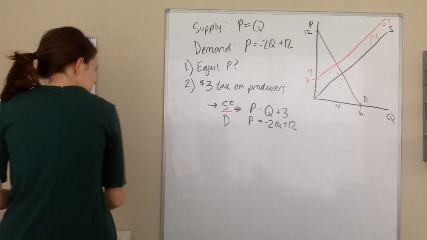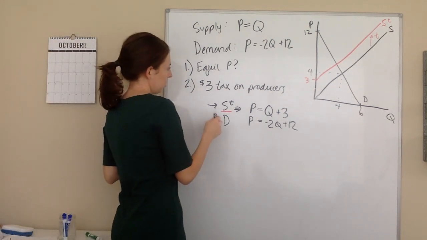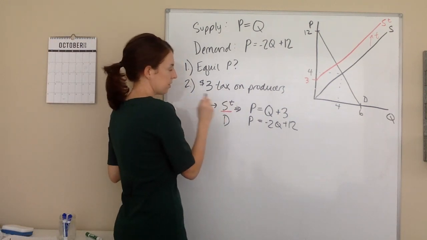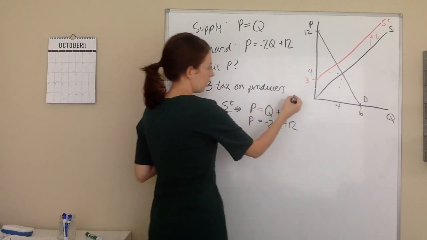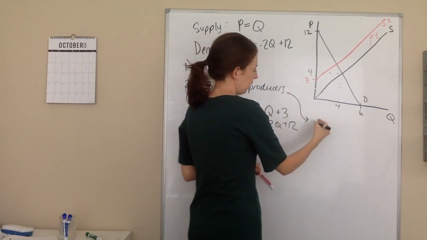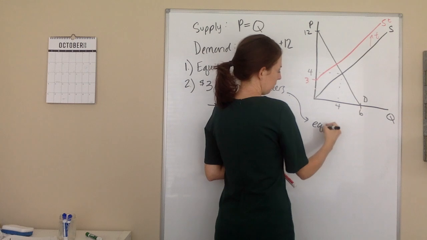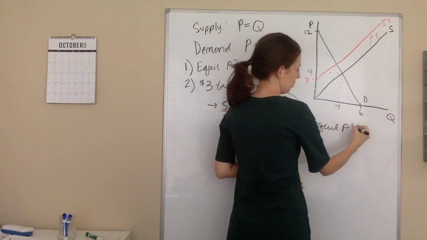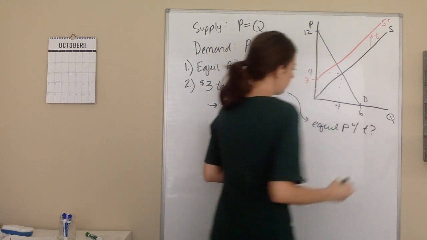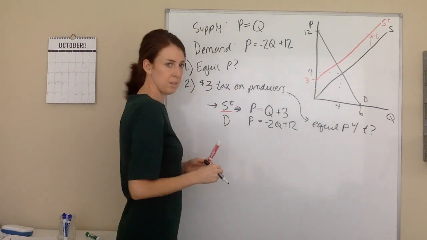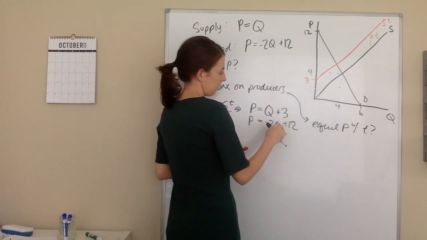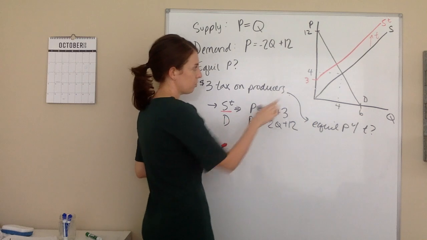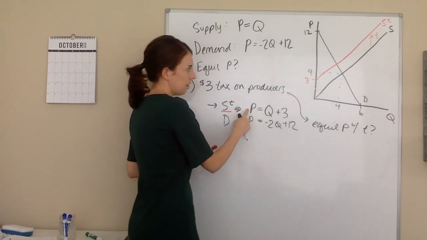So we've got a $3 tax on producers. The question now is, what is the new equilibrium price with the tax? To figure this out, we do the same thing. We take the supply and demand and set them equal to each other. Now we have this new supply and old demand.